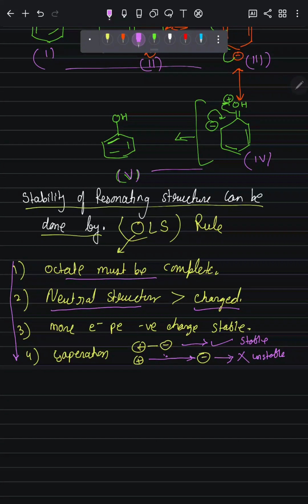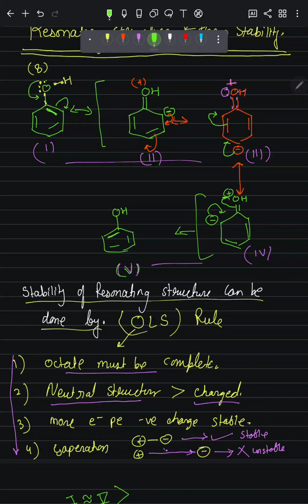So if we do the stability order here, the first, which is approximately equal to the fifth, will be ahead of the others. Now the next is that a more electronegative atom stabilizes negative charge. So this is not applicable because there is no negative charge or electronegative atom present.